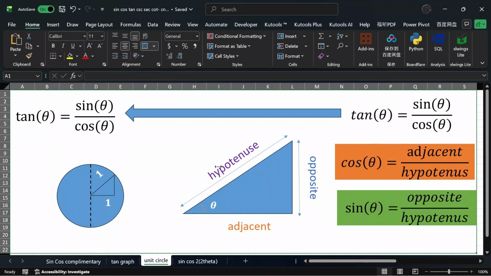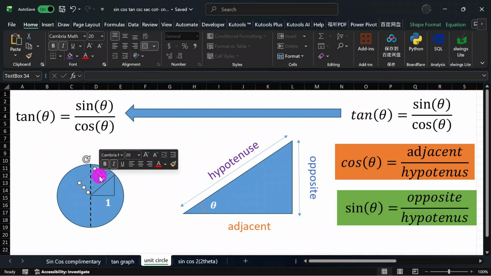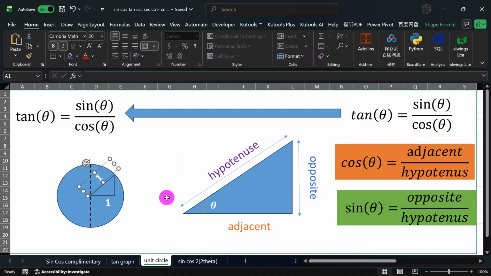Anyway, this relationship is pretty fundamental, and we covered it. The magic part is that if you drag this right triangle and put it inside a unit circle, then the hypotenuse becomes the radius. The radius is 1. That's why it's called a unit circle.